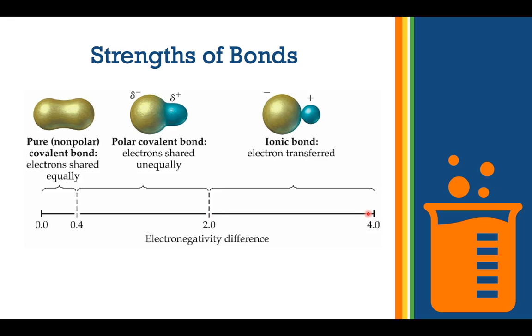Ionics from 2.0 to 4.0. So the basic principle for the electronegativity difference is ionic is the strongest when comparing with polar covalent and pure nonpolar covalent, okay? So strongest, medium, least. Least to most strong, okay?